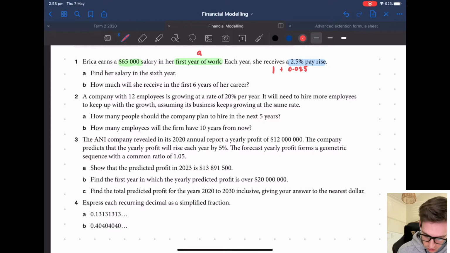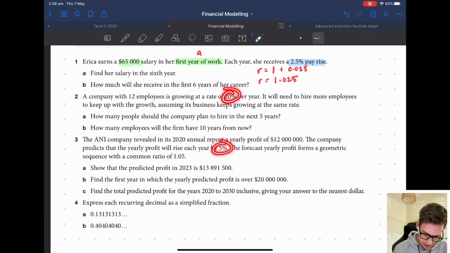So the actual rate at which I'm increasing is the whole plus that interest rate. I hope that makes sense because that's going to come up a lot. You'll see there's percentages here, there, and everywhere. Okay, so that's going to be our rate.